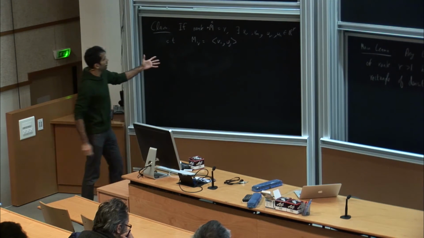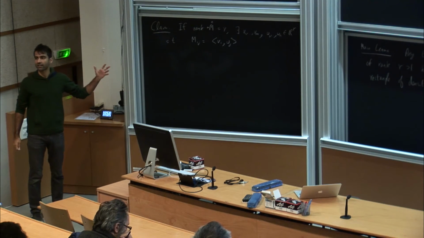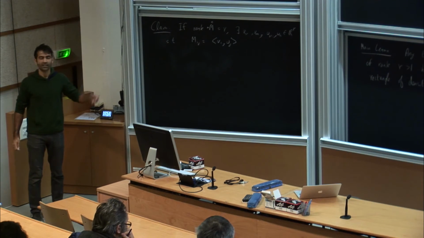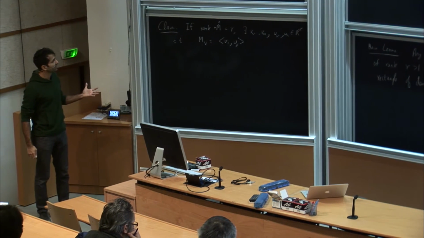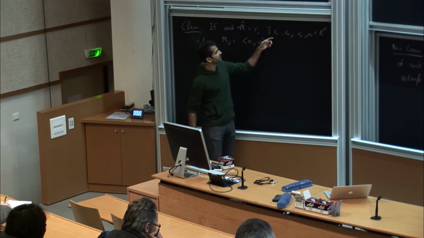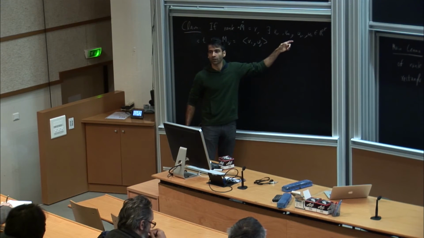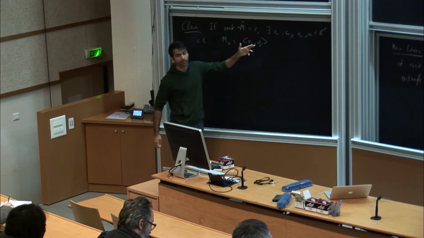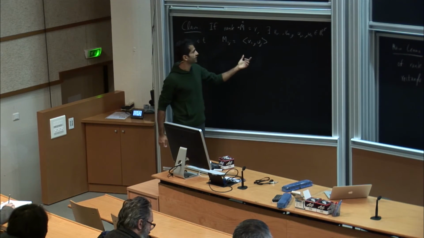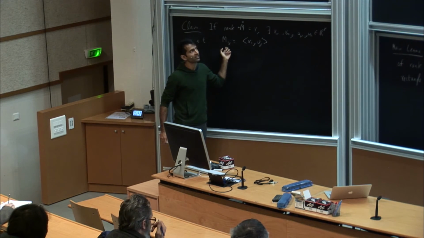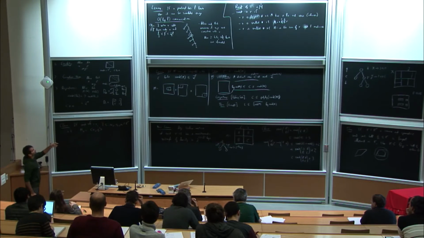So what I have so far is just the definition of rank. If the rank is R, then you can find a vector for every row and a vector for every column, in R-dimensional space, such that the corresponding inner product is equal to the entry. I didn't write it in that form, but that's the second bullet in the definition of rank.